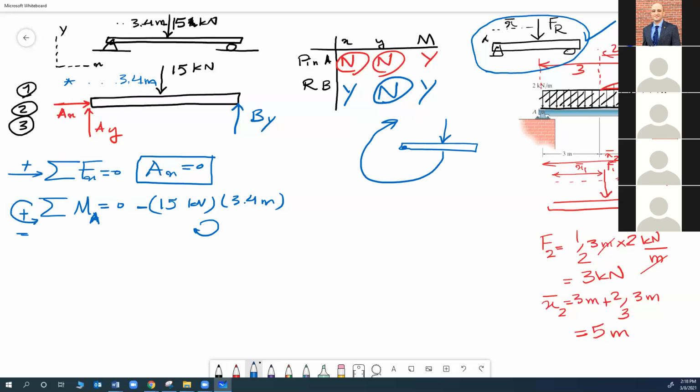Keep moving. I get BY, and the distance between BY and point A is 6 meters. Let's figure this out. BY is pushing it up. If it's pinned at this point, it's going to rotate this way. I check it with my sign. That's a plus, so that should be good.